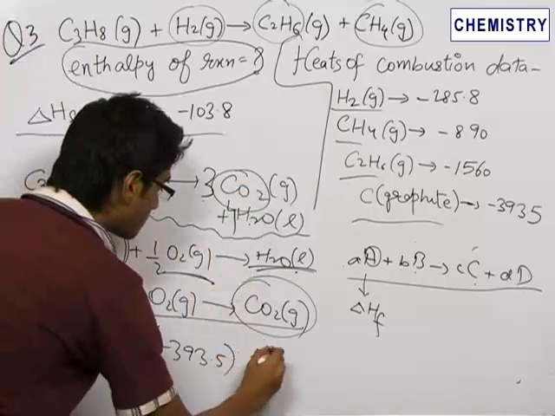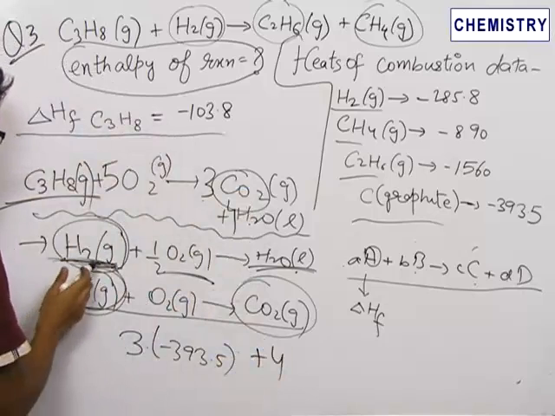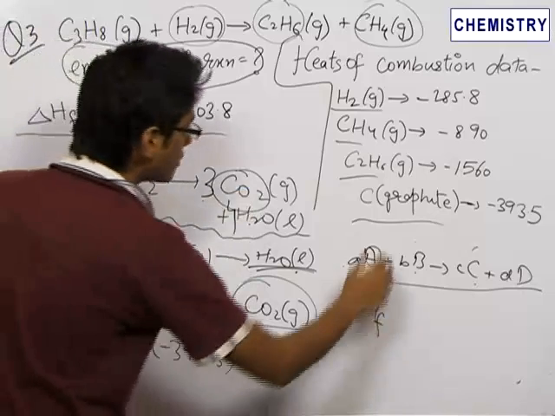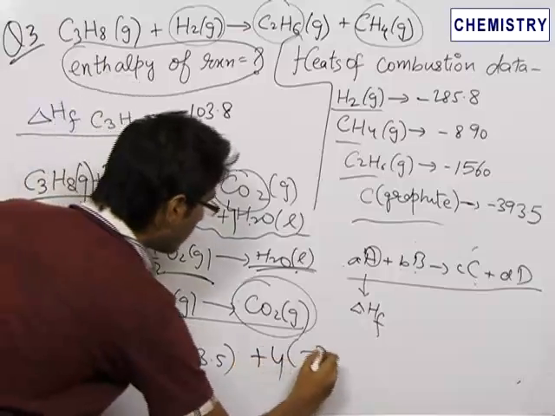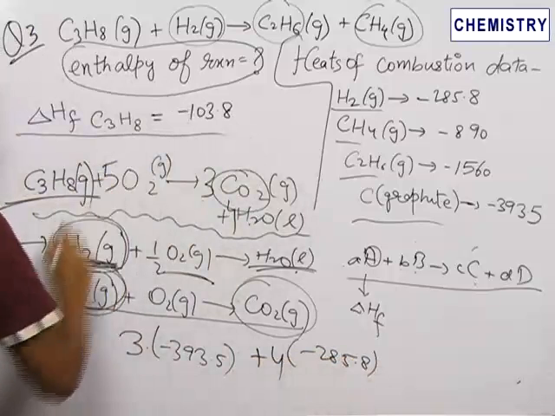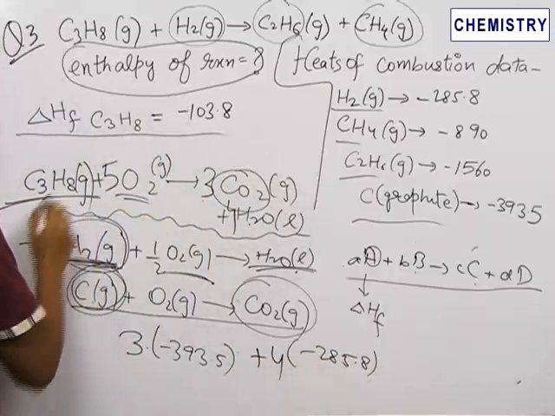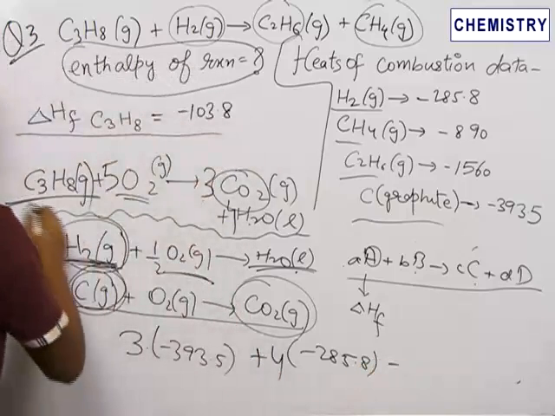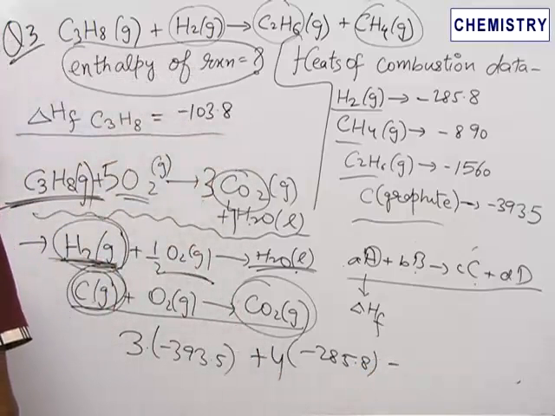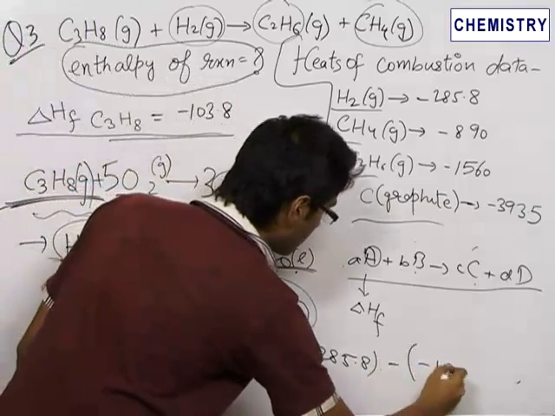So 4 times the heat of combustion of hydrogen, which is minus 285.8, minus 5 into heat of formation of oxygen, which is equal to 0, and minus the heat of formation of C3H8, which is minus 103.8, given in the problem.